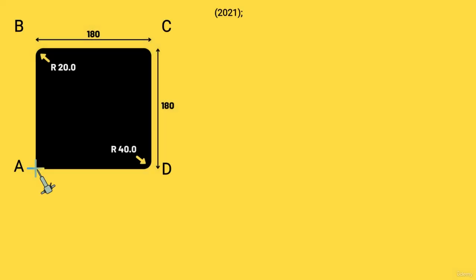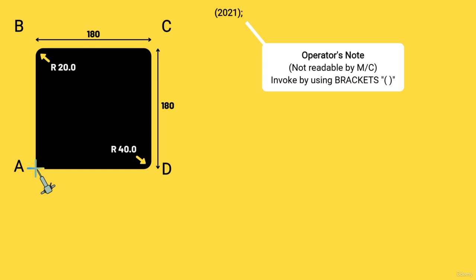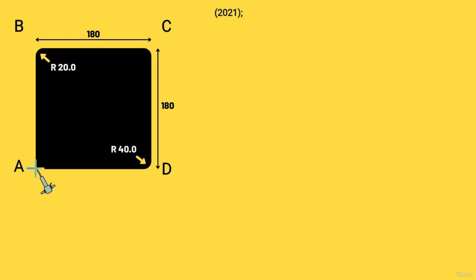Now the first thing the machine sees in the program is the program number. Now this is in brackets, which means the machine cannot actually read it. It's basically for us and it is called an operator's note. Here we can write the date or year in which we are writing the code.